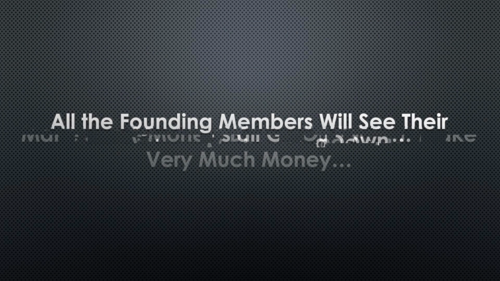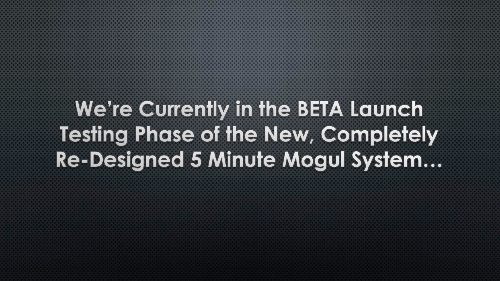So that once we shut down access to the guaranteed income, there's a specific number of people. And if our revenue grows, then every single person's check will continue to grow because it's locked down to one group that is then splitting a bigger pie. Every single person's piece of that pie will get bigger and bigger as our company continues to grow. And all the founding members will see their guaranteed checks grow along with it.